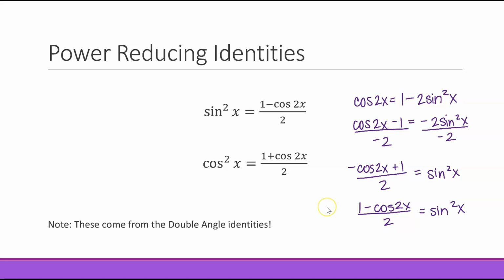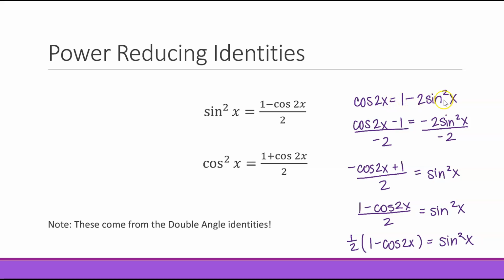Another way that we could see this written is 1/2 times 1 minus cosine 2x is equal to sine squared x. So just thinking about taking that 2 on the bottom, rewriting it as 1/2 times the numerator. This is another way to think about the power reducing identity. And the other one could be derived if we start with the different version of the double angle identity, the one involving just cosine.